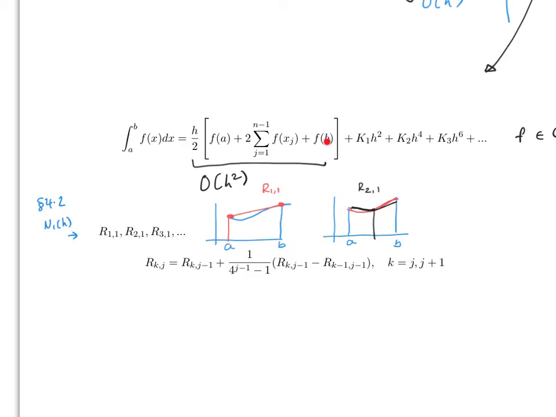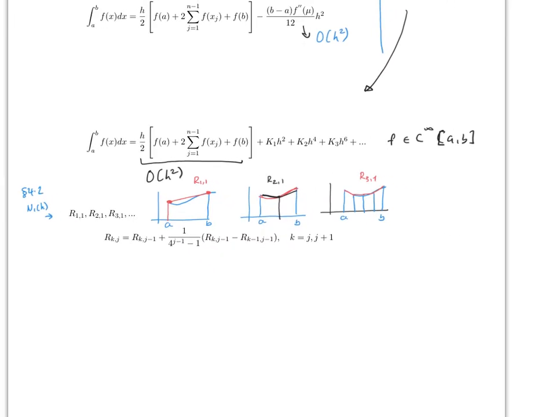So now we're using this formula, and if you cut each of the intervals in half again, so this is a, this is b, you still have this function, and now you cut this into two pieces each, you will get a more accurate approximation, and this is what we call R31.